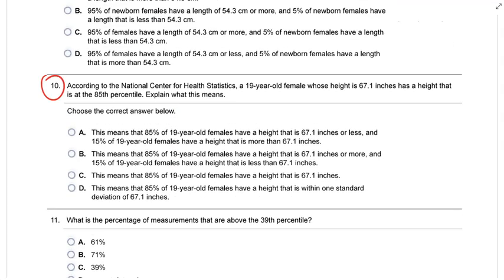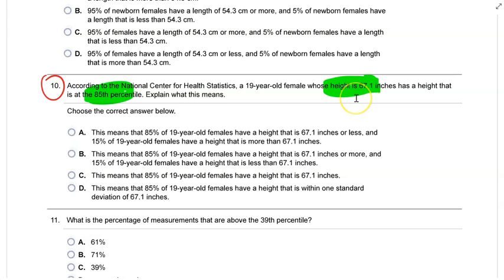Question number 10. According to the National Center for Health Statistics, a 19 year old female whose height is 67.1 inches has a height that is at the 85th percentile. In other words, this height is the 85th percentile. So what do we mean by the 85th percentile height is 67.1 inches?